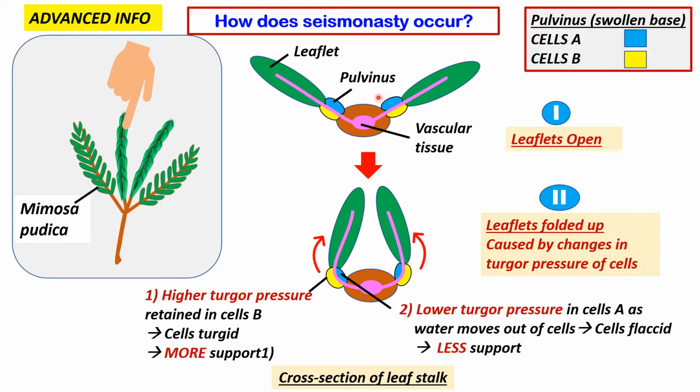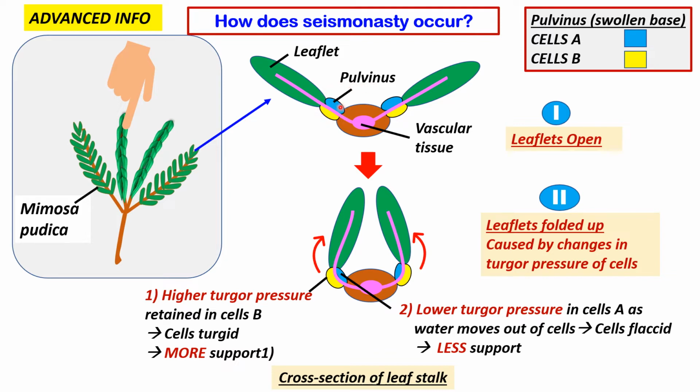So what happens is that the leaflets, this is a cross section of the leaves that are opened. When they are opened, you can see that there's a stem here with a vascular tissue inside to transport water and other substances. And then the leaflets here, at the base of the leaflets, these are the important parts. The base of the leaflets are swollen, and the groups of cells here are called pulvinus.